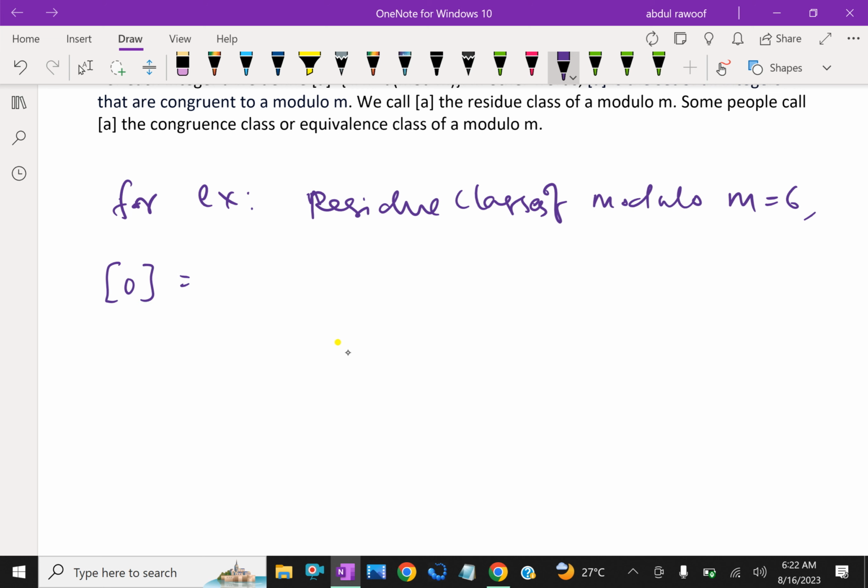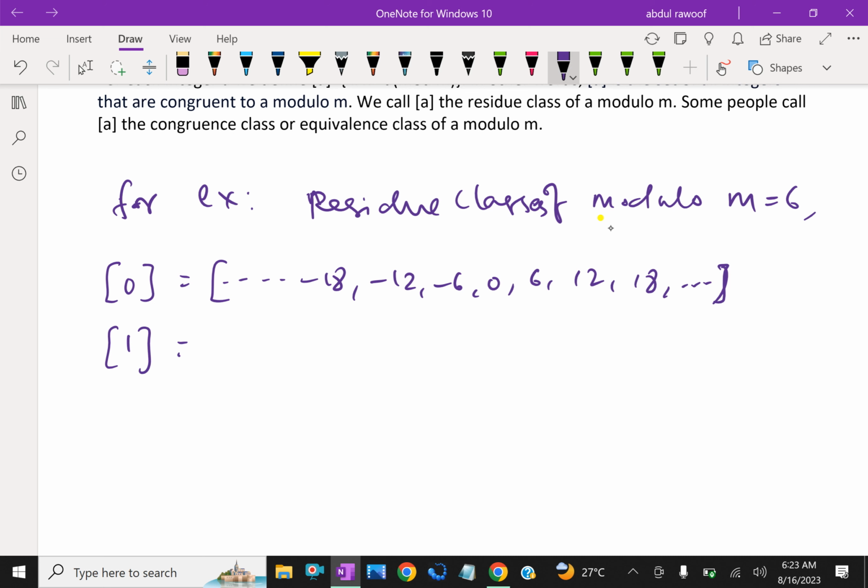Suppose we are getting residue 1: minus 17, minus 11, minus 5, 1, 7, 13, 19. These are the residue class set of numbers for residue class 1.